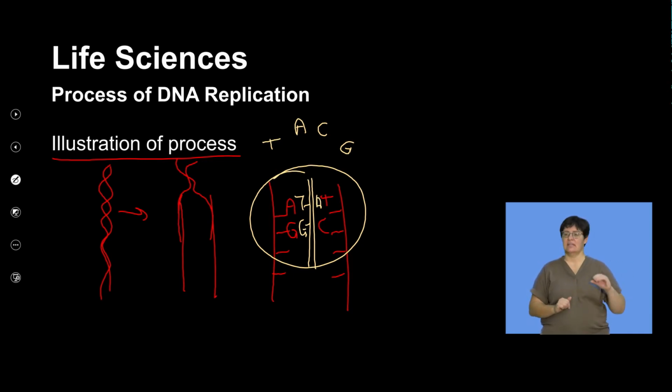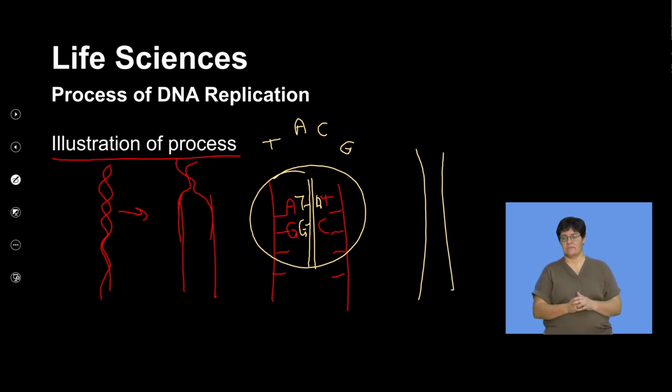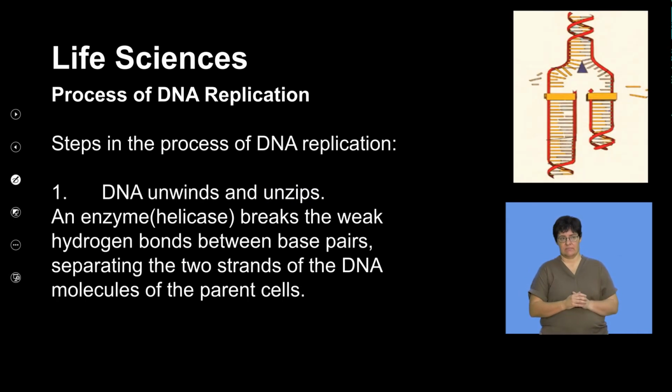And as illustrated, you will get a strand. I'm going to go back to my red pen, okay, that now forms on each, forming two new strands that have double-stranded complementary DNA constituting them.